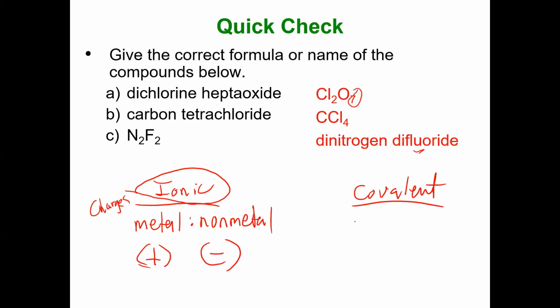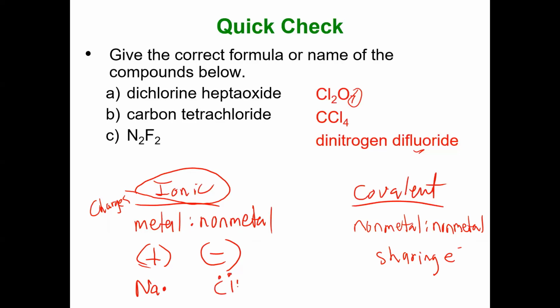If it's a non-metal with other non-metals, there are no charges. There's no ions. Why? They're sharing electrons. Okay? Those are those covalent bonds. They're sharing electrons. Here, there's a complete electron transfer, right? So if you watch the octet discussion video, we see that sodium has 1 valence electron.